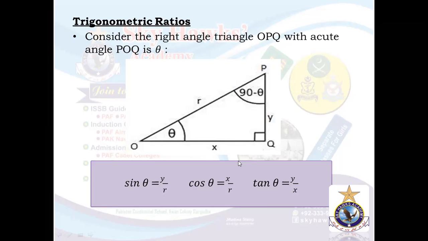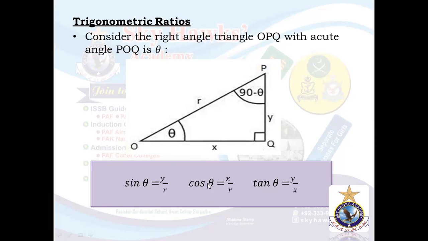Now somebody is asked to find the three ratios with respect to this angle, 90 minus theta. What we'll have to do, no need for SOH, CAH, TOA. Just reciprocate there. You should say that this is cosine.